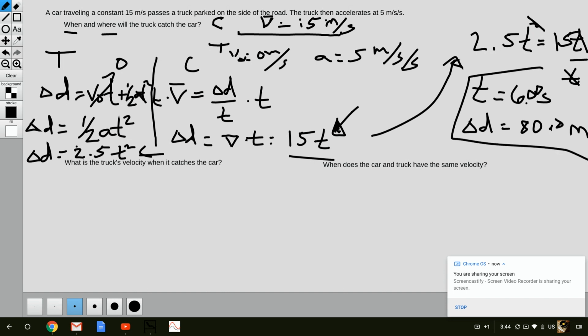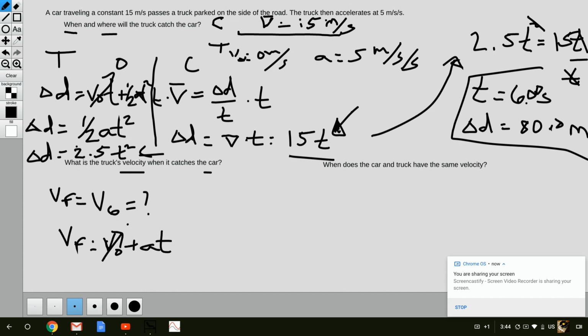Now when we come down here to part B, we want to know what's the truck's velocity when it catches the car. Well, there we'd be looking for a v final at 6 seconds, so basically we're looking at v6. If we use this equation here, this becomes very easy. Vf equals v naught plus at, because we know everything.